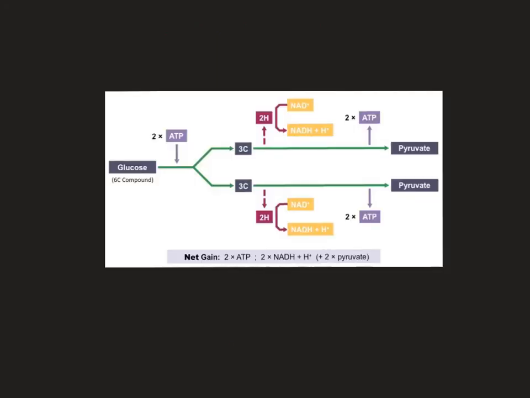Okay, so this is an image by BioNinja. Thank you, BioNinja. And it just summarizes it nicely. So we have our 6-carbon compound. We add in our 2 ATPs. That's our phosphorylation. Then just here, that is our lysis phase, where it splits into the 2 3-carbons.